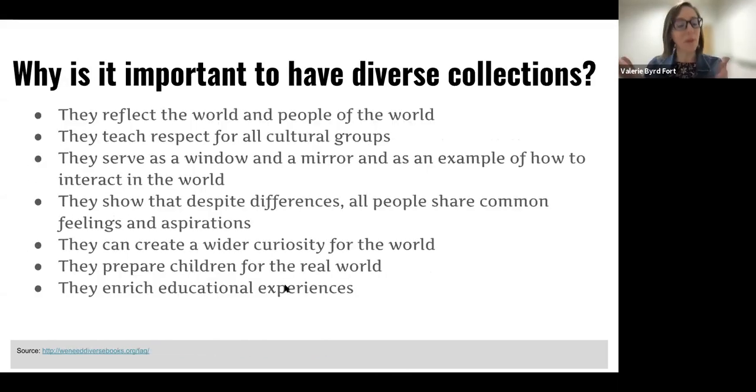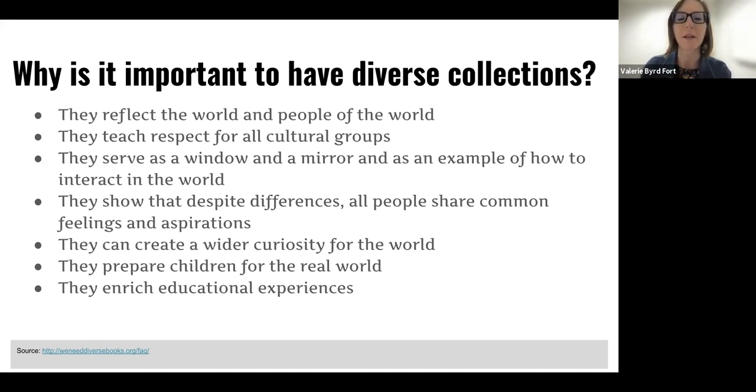So I said that I was getting to this. Why is it important to have diverse collections? This is a review because I think we have heard a lot of this and we know a lot of this already, right? It is important to have diverse collections because they reflect the world and people of the world.